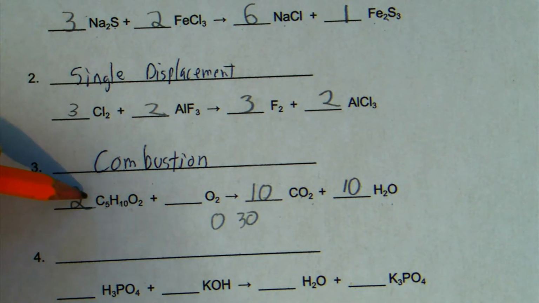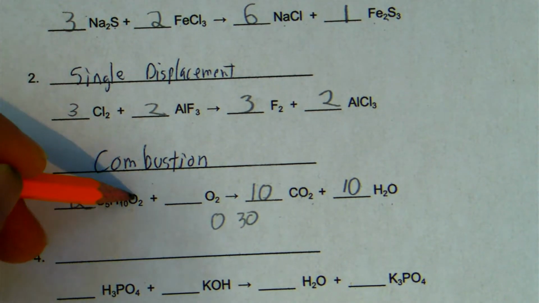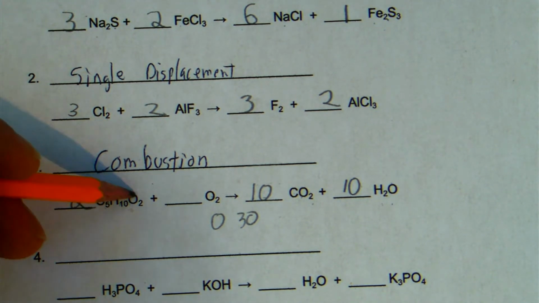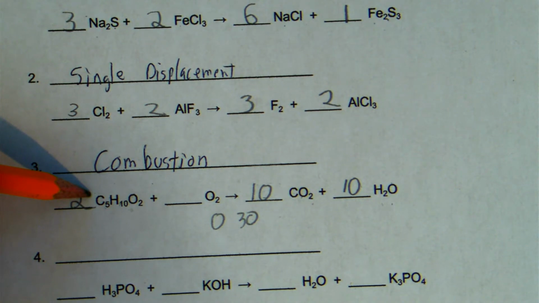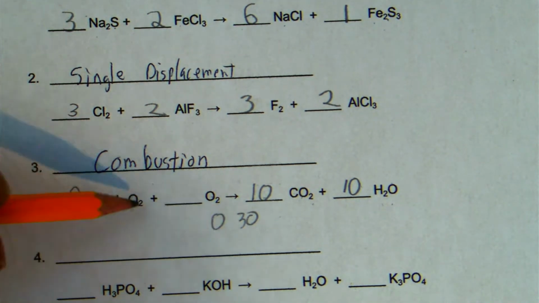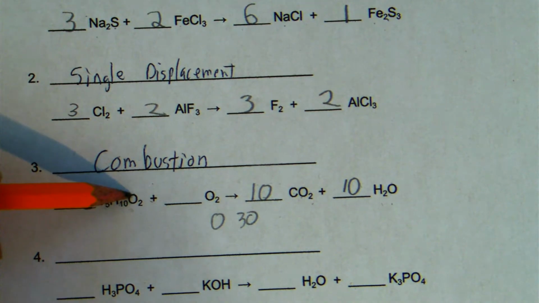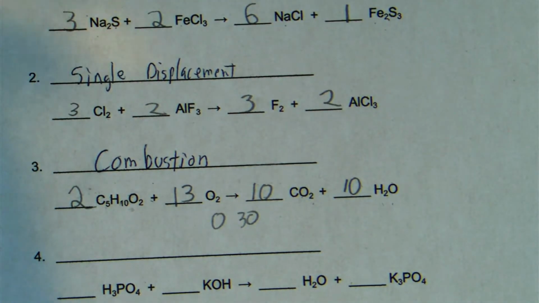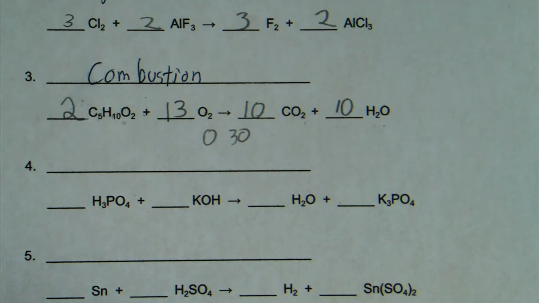I have 4 in the sugar, or whatever this is, hydrocarbon. So 4, and that means I need an additional 26 oxygens on the left. Half of 26 is 13. So let's make a coefficient of 13 and see how that goes.